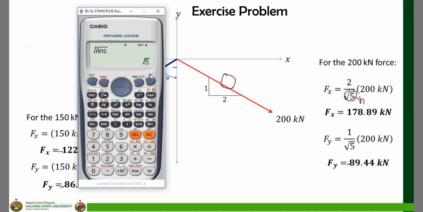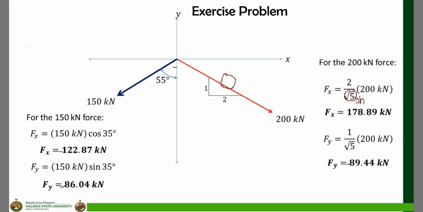The answer is square root of 5, or if you use 2.24, okay lang. Basta the square root of 5, that is the hypotenuse of this small triangle. So that is how you are going to solve for the components of a force.